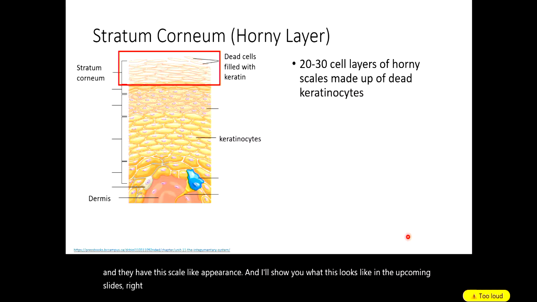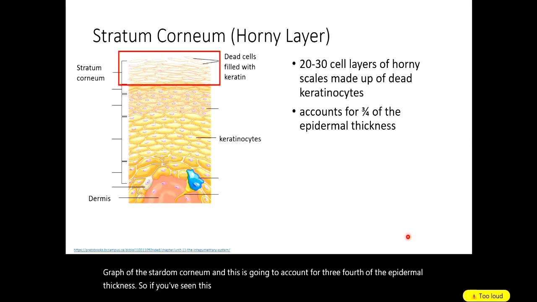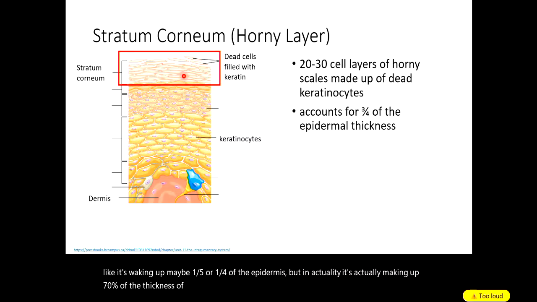This is an electron micrograph of the stratum corneum. And this is going to account for 3/4 of the epidermal thickness. So if you see this picture here, it's actually a misrepresentation because it looks like it's making up maybe a fifth or a fourth of the epidermis, but in actuality it's making up 70% of the thickness of the epidermis.